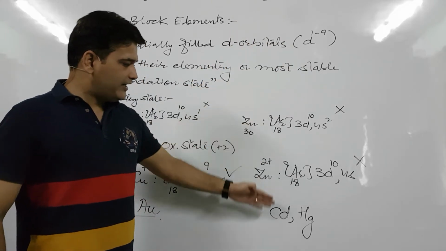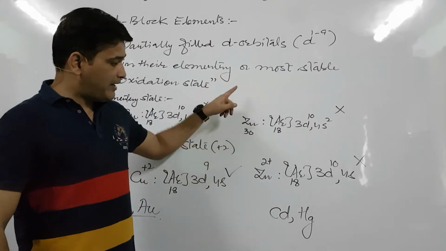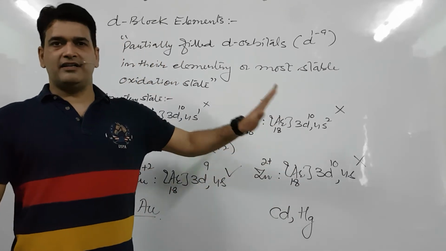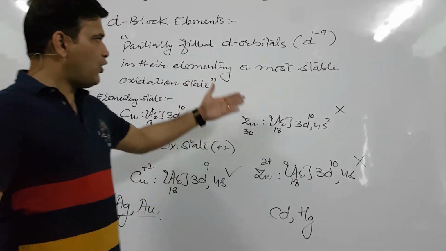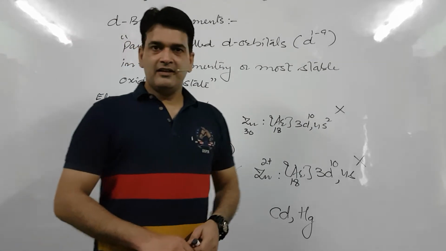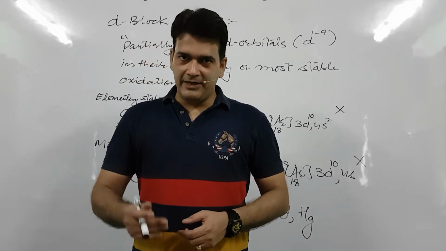However, they are studied along with other d block elements, but exactly zinc, cadmium, mercury are not d block elements. You can see the elementary state and most stable oxidation state have different electronic configurations. So this was the exact definition of d block elements.